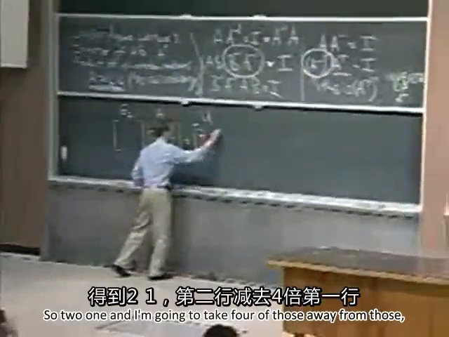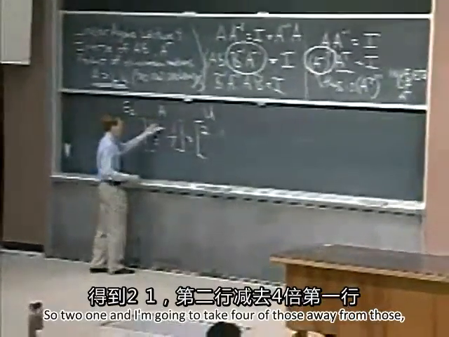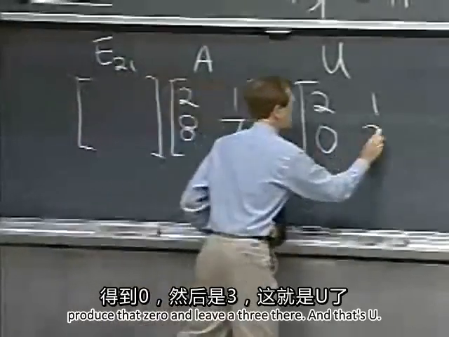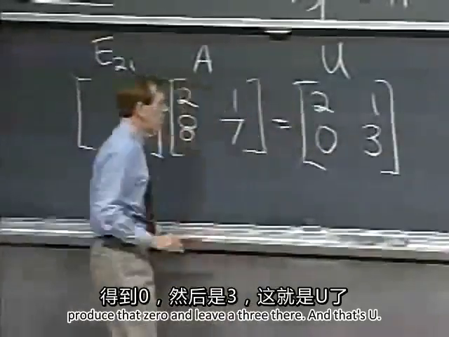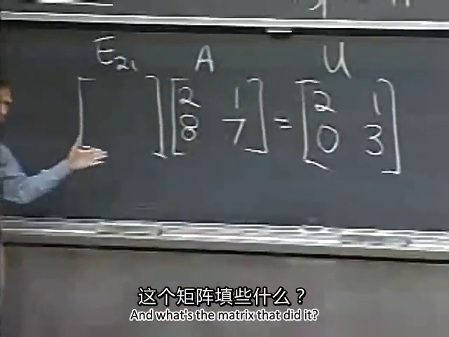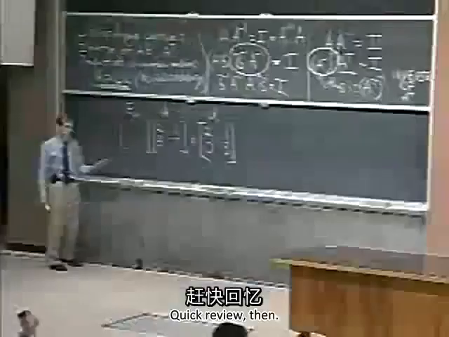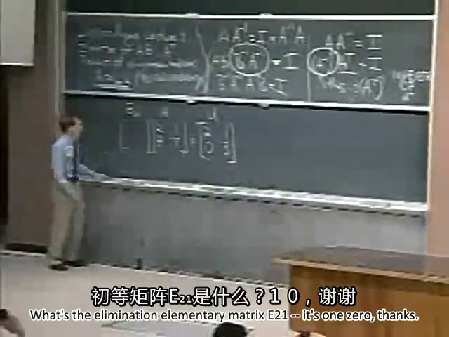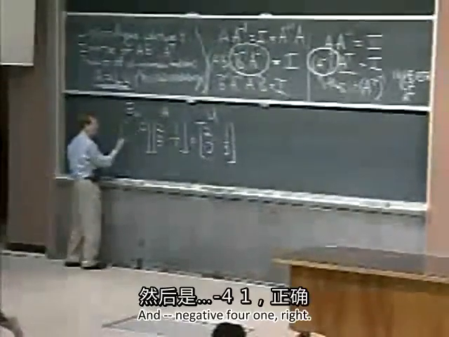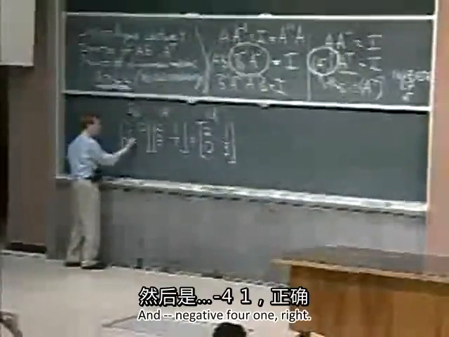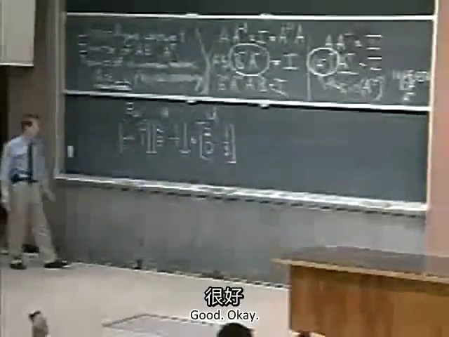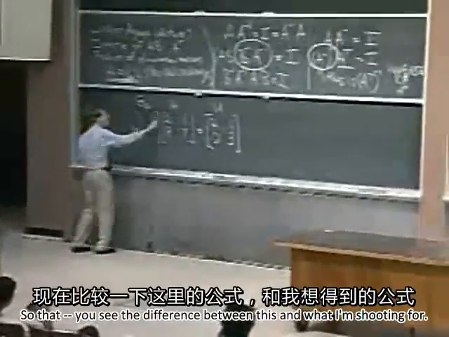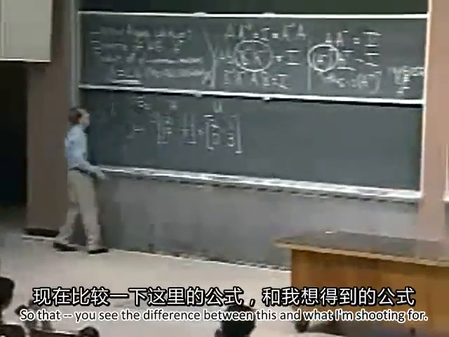So 2, 1, and I'm going to take 4 of those away from those, produce that 0, and leave a 3 there, and that's U. And what's the matrix that did it? Quick review then: what's the elimination elementary matrix E21? It's 1, 0, and negative 4, 1. Good.